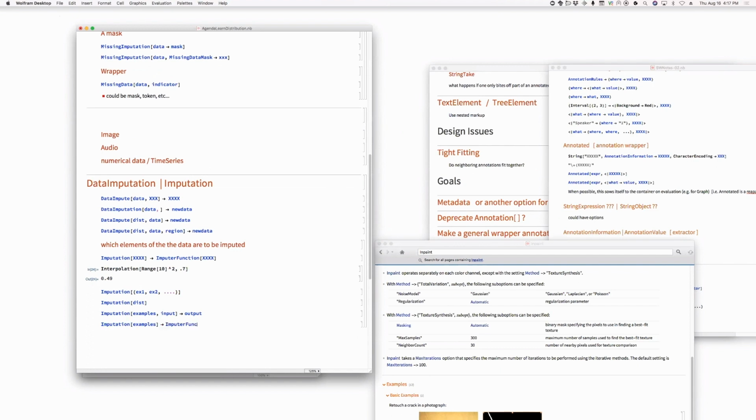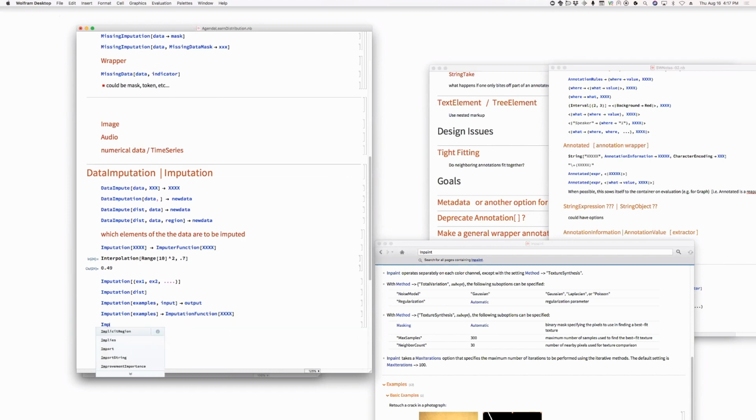Yeah. What about the case where you are learning from the examples which you wish to impute? So this would be impute, the verb. I don't understand that case. Oh, wait a minute. You learn from the examples and you impute on the examples.